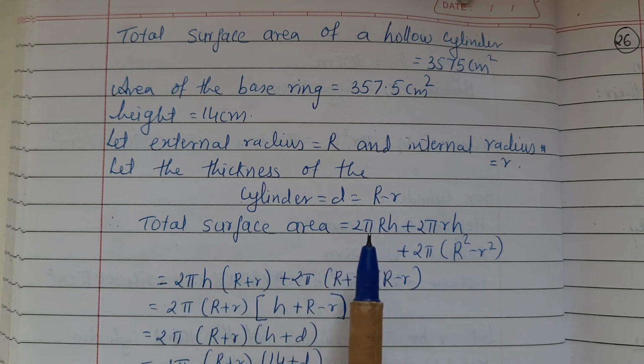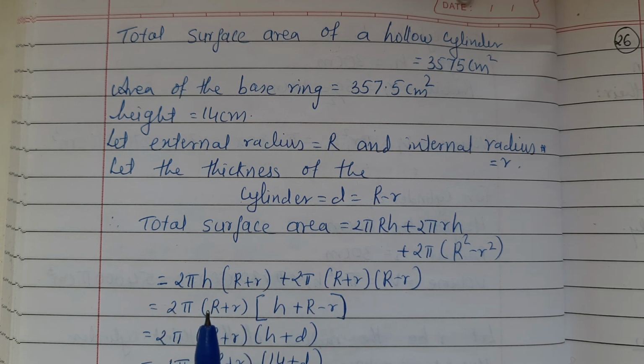In this 2 pi h is common, capital R plus small r. Here we will write 2 pi, capital R plus small r into capital R minus small r. In these two terms, what is common?